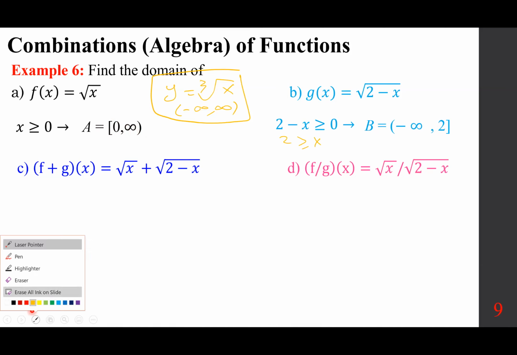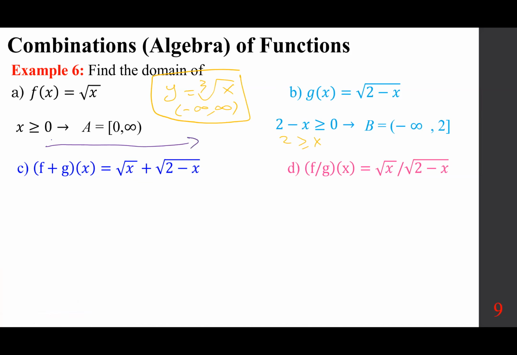I hope you realize, if we try it, it makes it easier to understand. If we look at this one, it is from 0 to infinity.